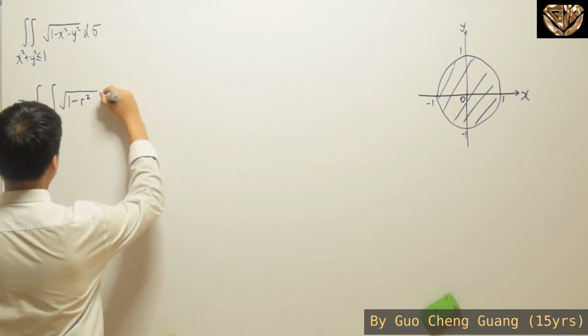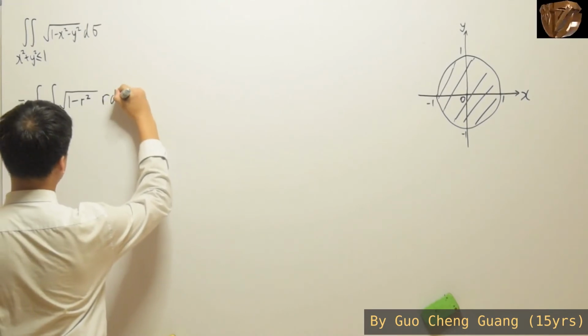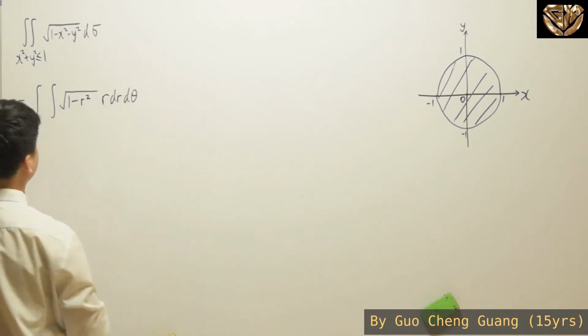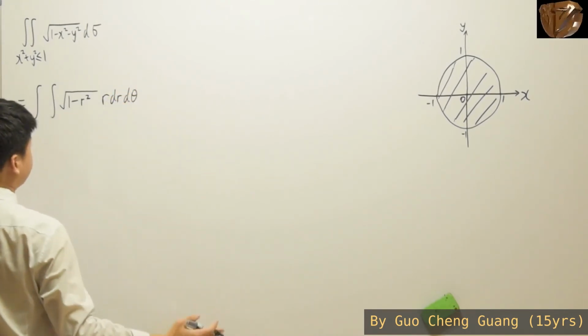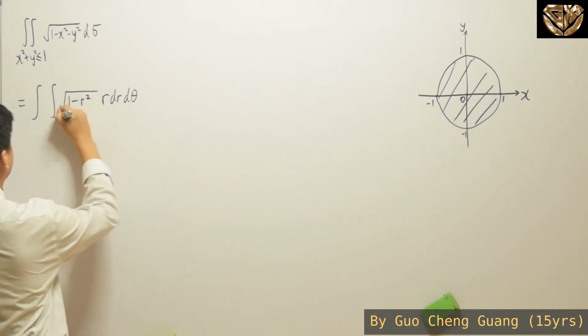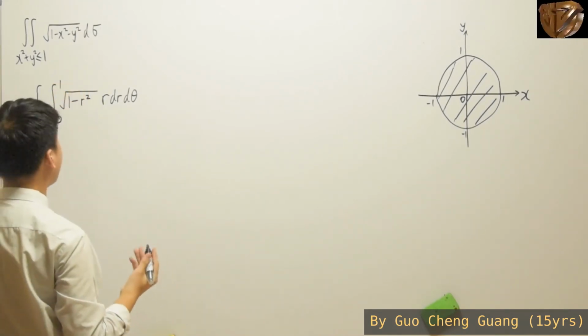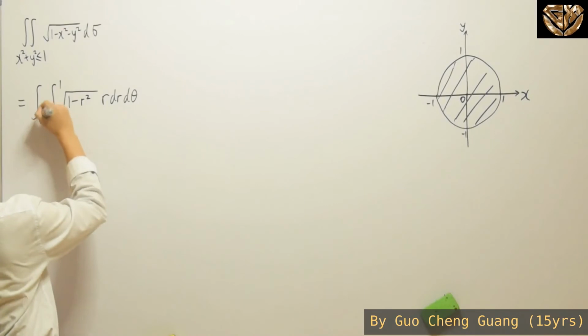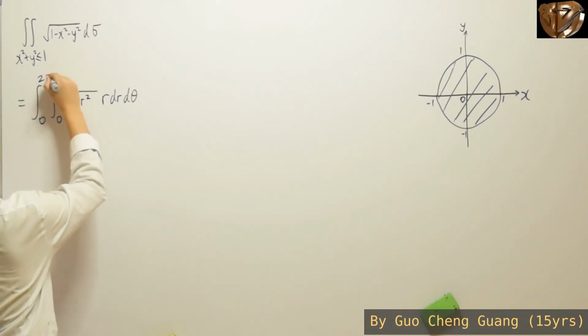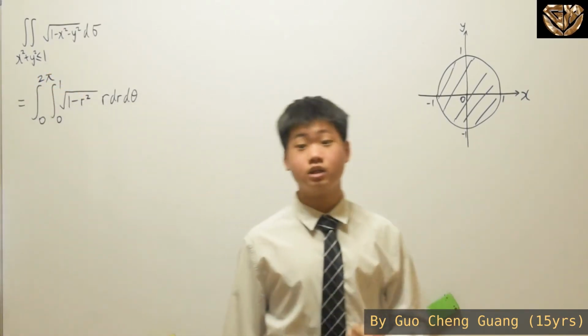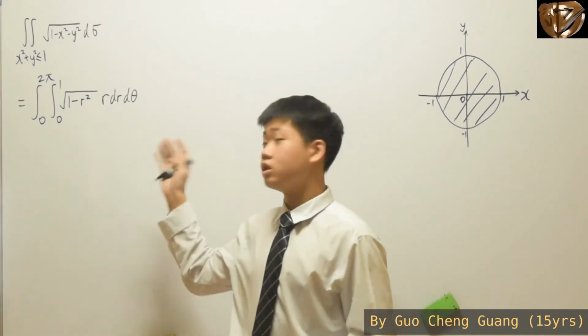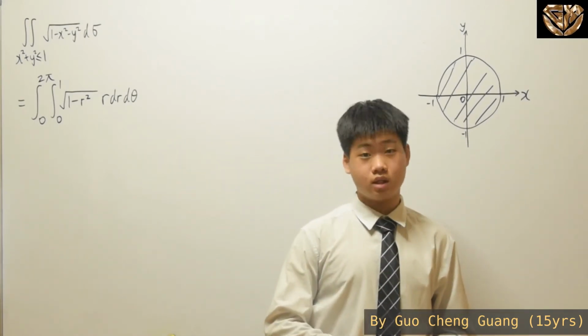And then you have the sigma, which is r dr d theta. So range for r, it will be from 0 to 1, which is your radius. Range for theta, that will be 0 to 2 pi, which is basically your entire circle. Right, so this is what we're going to integrate.